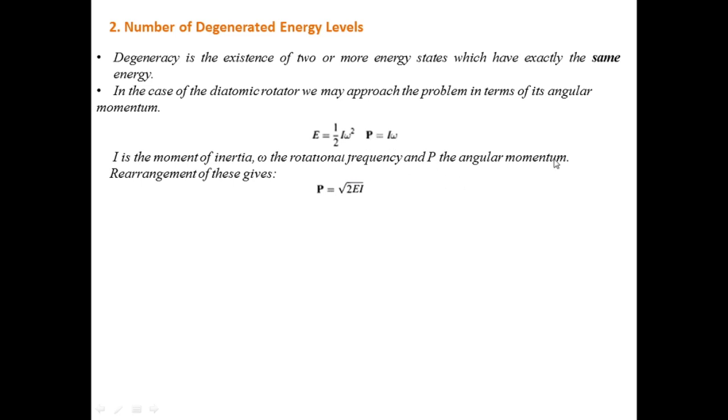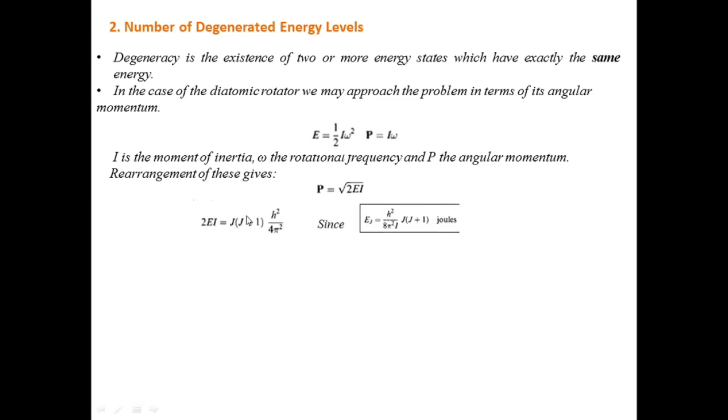From this equation we can write omega square is equal to 2E by I, and omega is equal to root of 2E by I. Substitute the value of omega in this equation, then we can write P is equal to square root of 2EI.